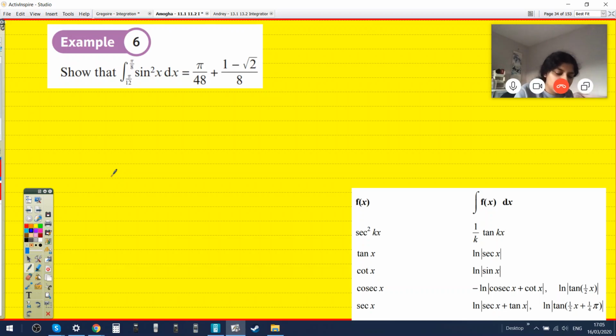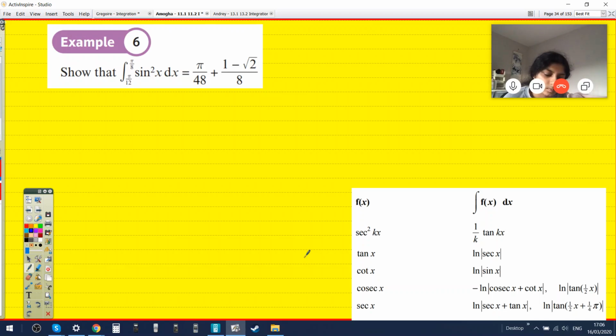Well, sine squared x plus cos squared x is equal to 1. So sine squared x is equal to 1 minus cos squared x, but that's not there either. But sec is 1 over cos. So sec squared x is 1 over cos squared x.